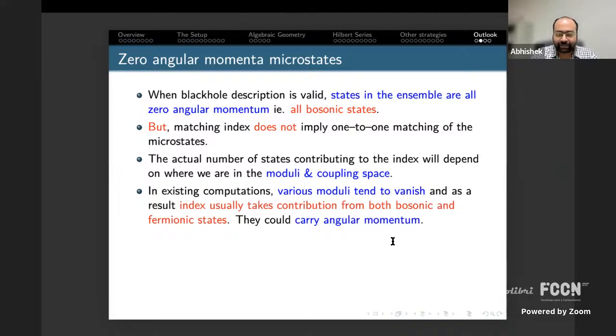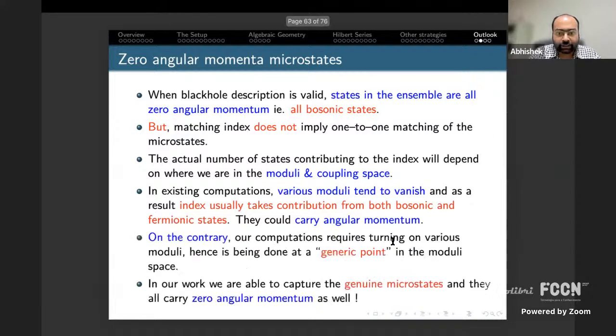So there is no cancellation of bosonic or fermionic states happening here. This is exactly the microstates that you are supposed to get. That is one nice thing about switching on background moduli fields: you basically get what you exactly want, rather than an index calculation where a lot of different angular momentum states cancel each other and give you the right answer. But to do that, you have to, of course, do the computation at a generic point in the moduli space, which in most situations is very difficult to do.